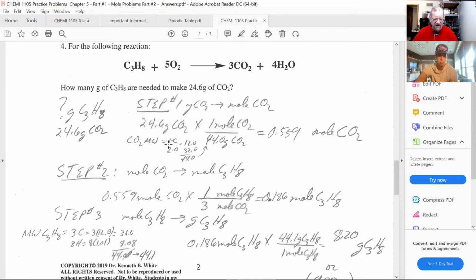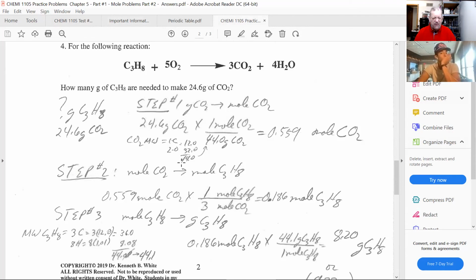You have one carbon at 12 and two oxygen. I combined this step. Each oxygen is 16.0, which gives you 32.0. And the molecular weight of carbon dioxide is 44.0.